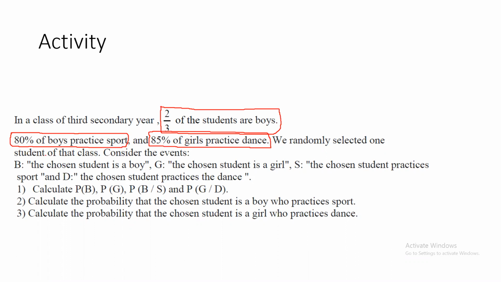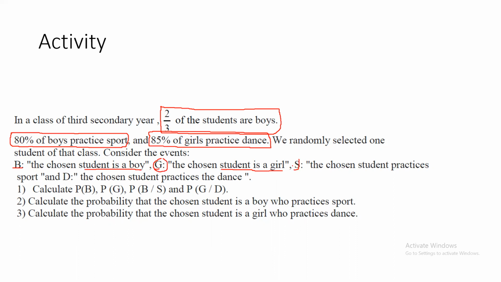We randomly select one student of this class. Consider the following events. B, the chosen student is a boy. G, the student is a girl.